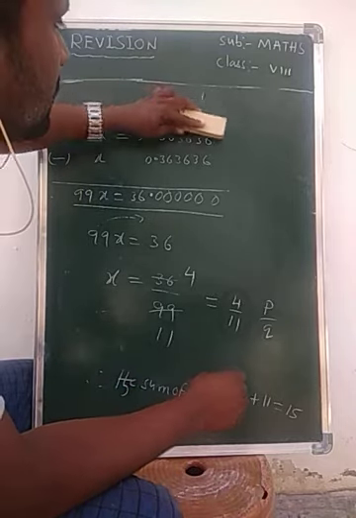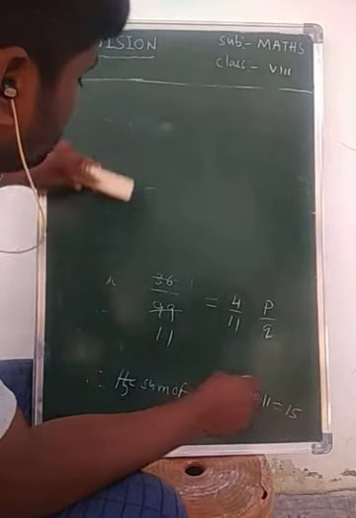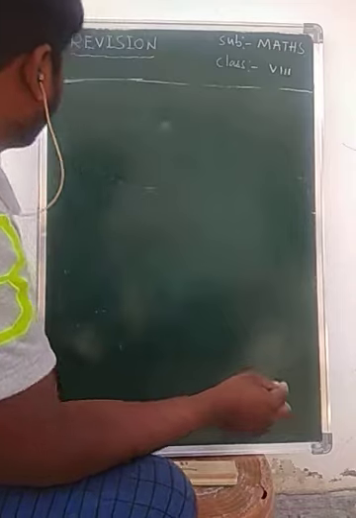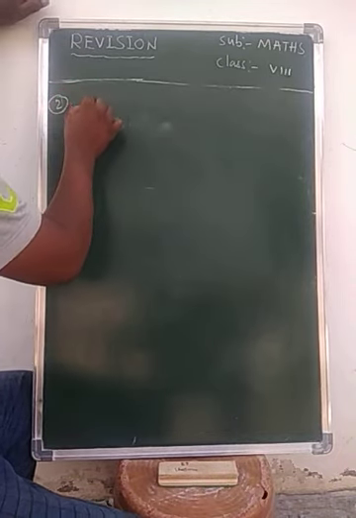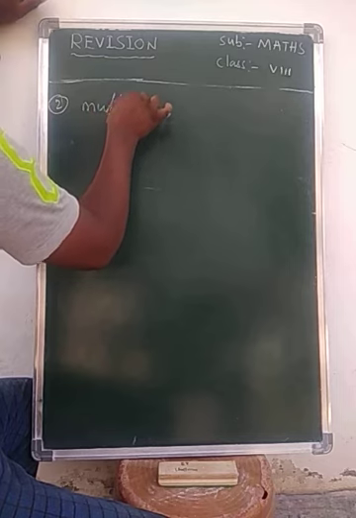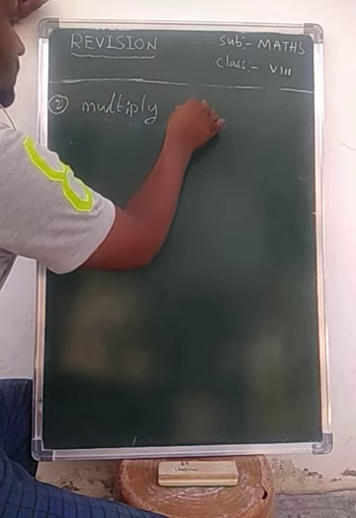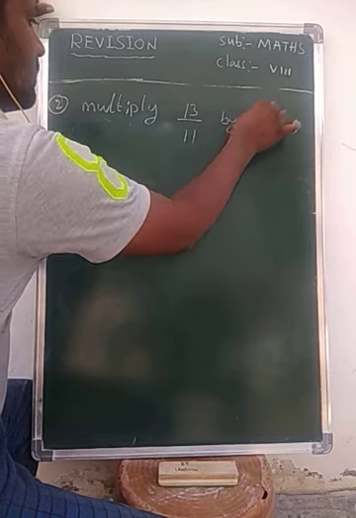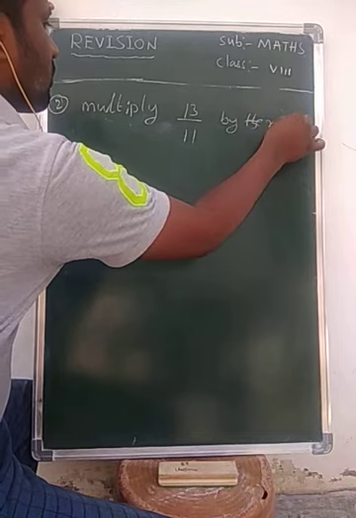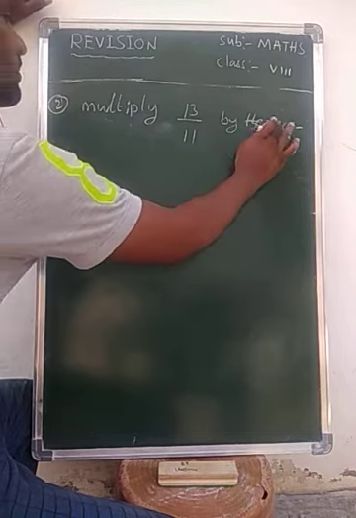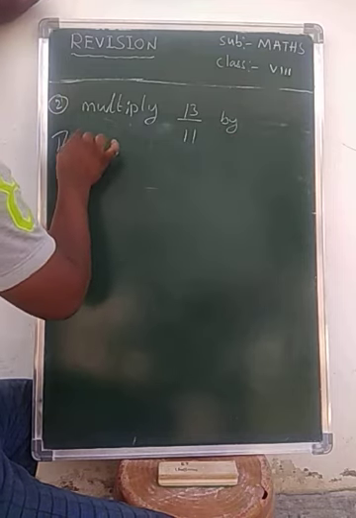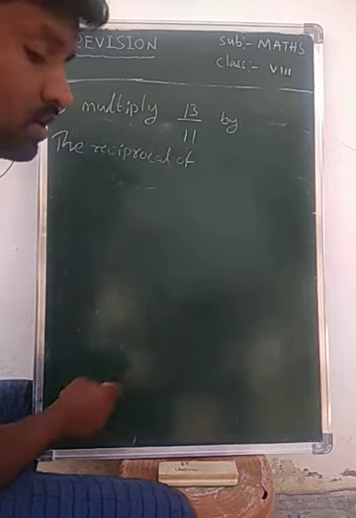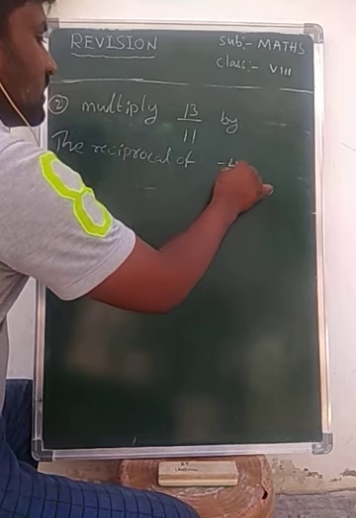Now let us discuss one more question from the rational numbers only. That is question number 2. Multiply 13 by 11, a rational number, by the reciprocal of -4 by 33.